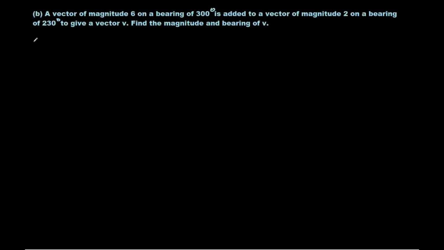A vector of magnitude 6 on a bearing of 300 degrees. So let me show them with a direction now. This time we need something. Suppose this is the starting point and we have to go on a bearing of 300 degrees.